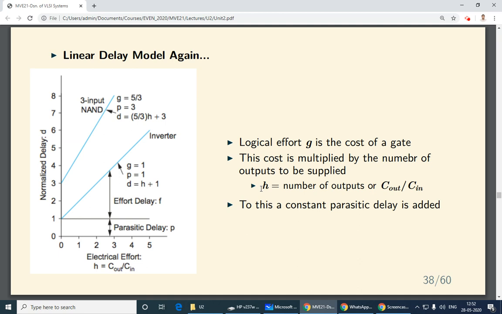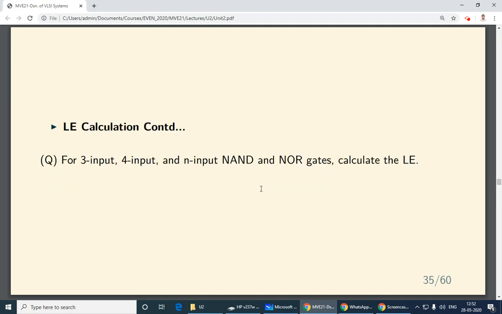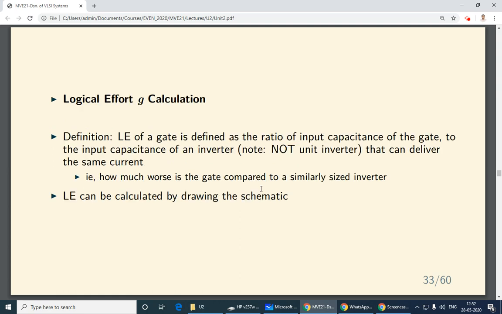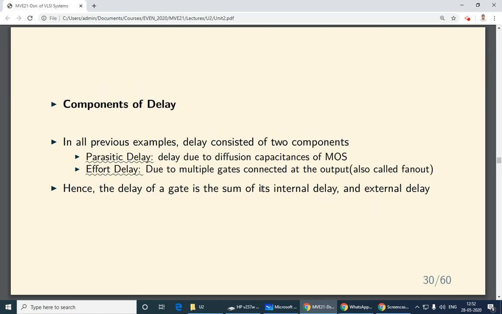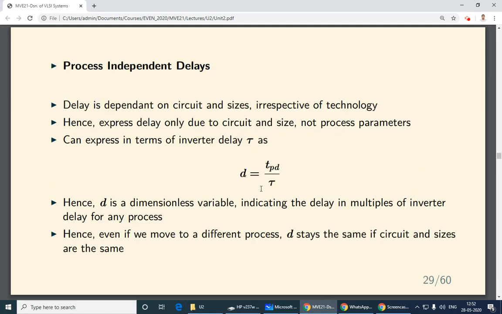One final thing: you might be interested to know what the units are. Delay is generally in picoseconds, but in our case we have not mentioned anything. For the logical effort or linear delay model, the delay d is in terms of something called tau.